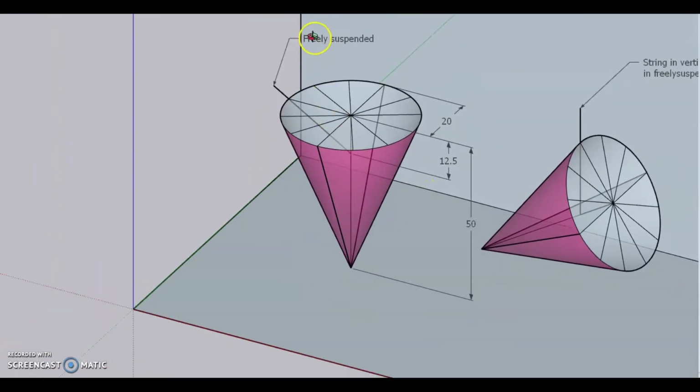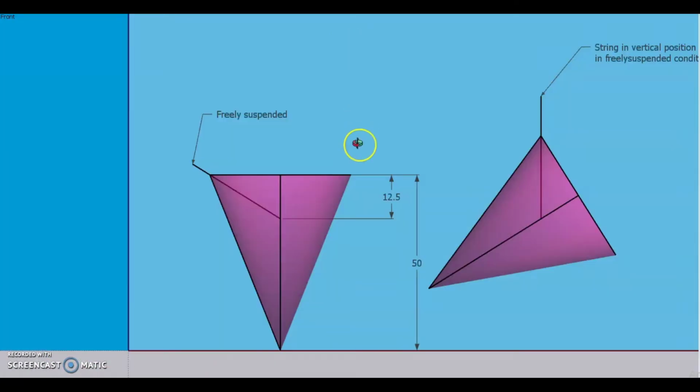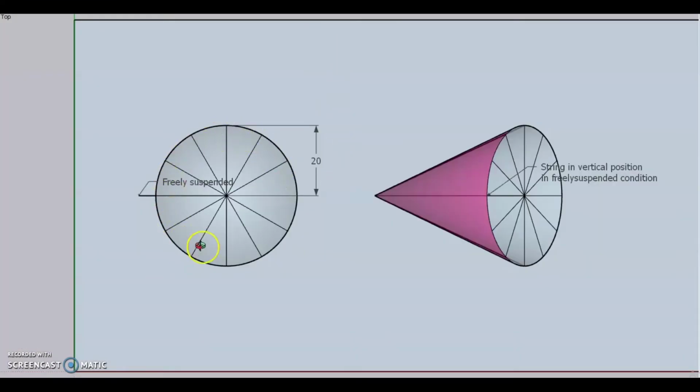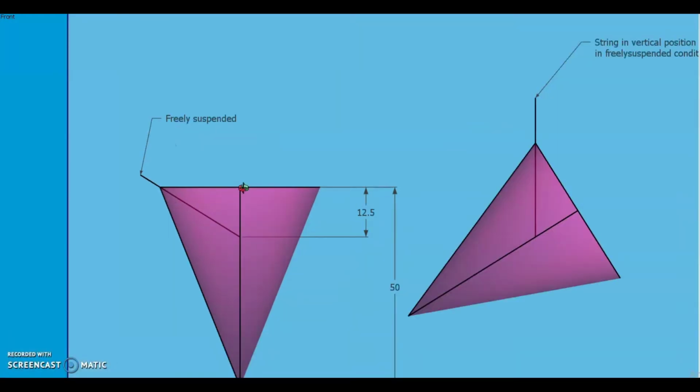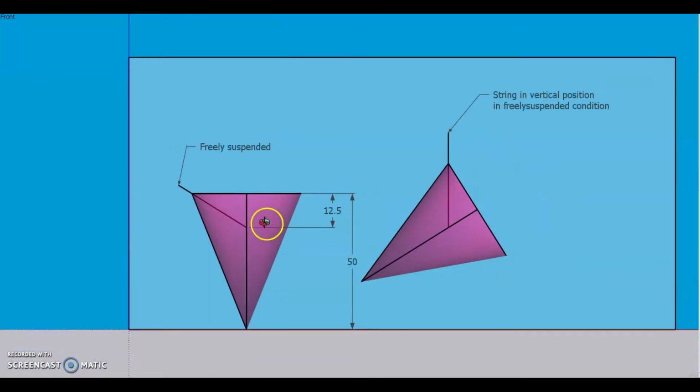So initially draw this top view and divide this circle in 12 equal parts. Then draw its front view showing the height in this way. Show the string position at a 12.5 mm distance from the base of the cone.